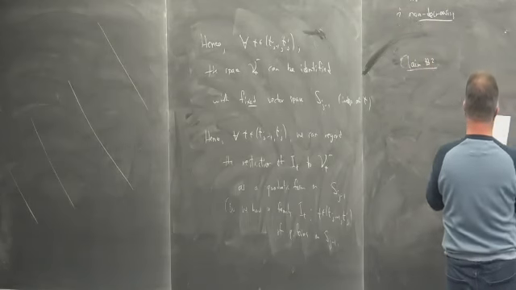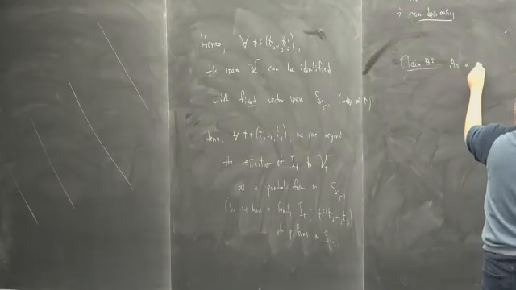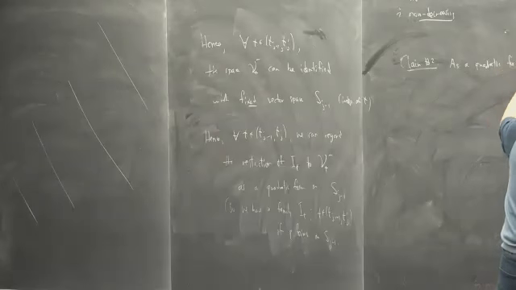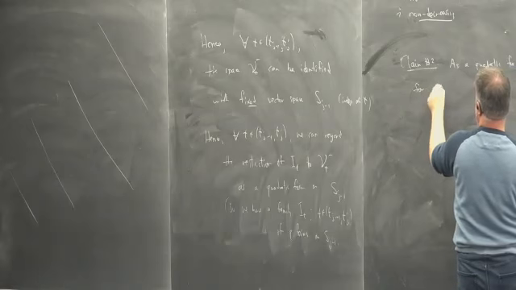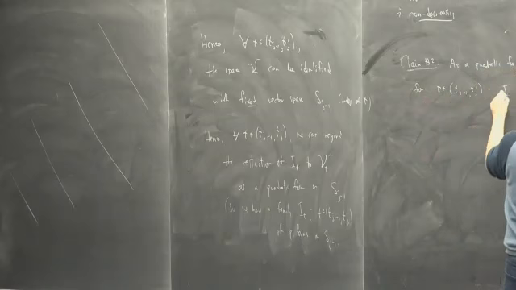Now, the second claim is that as a quadratic form on this fixed Sj minus 1, for t in tj minus 1 to tj, it is continuous in t.